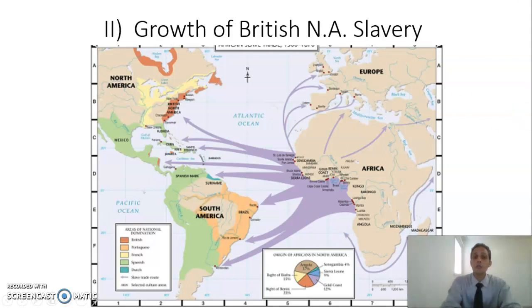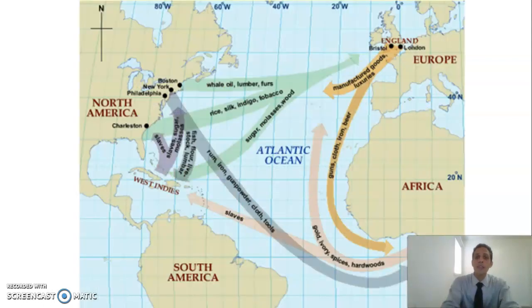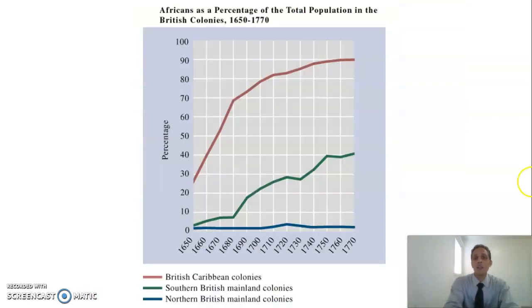When you look at the grand picture, there are a lot fewer slaves being imported into British colonial America than into the Caribbean and South America. I think that has a lot to do with climate and the amount of slaves that need to be brought into the plantations in the Caribbean and South America. That's true even in the British colonies.